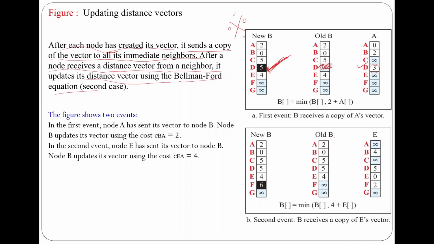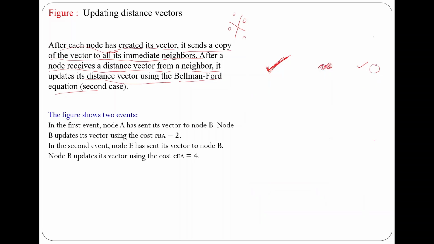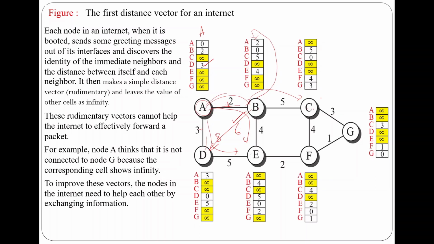Similarly, if you talk about B with respect to E, you can understand it with the figure, from B to E. What is the cost? 4, right? Initially it is 4.